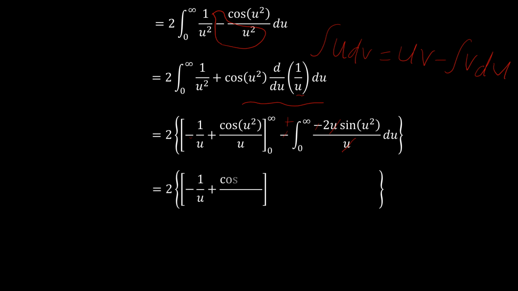Now going forward, as we said, we have now 2, because we pull this constant out here, the integral of sine u squared from x equals 0 to x tending to infinity.